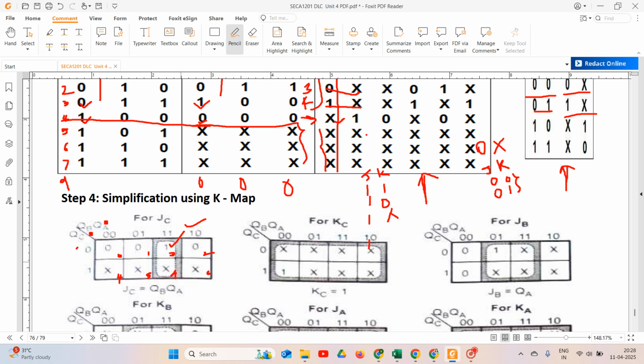After finding this, you have to find the characteristic equation by performing grouping. Here I am getting a pair group with one don't care.